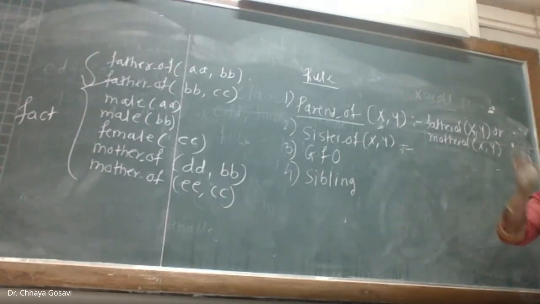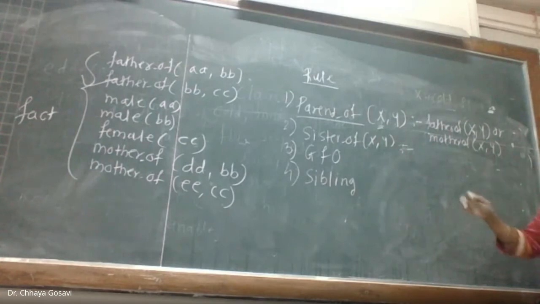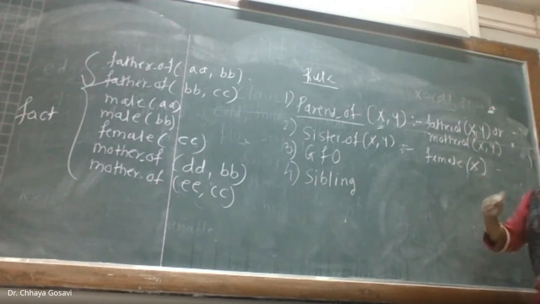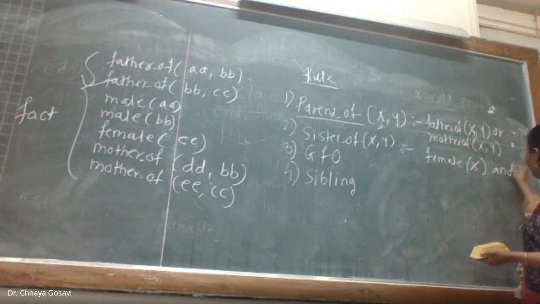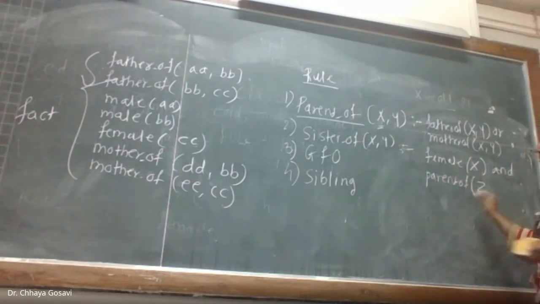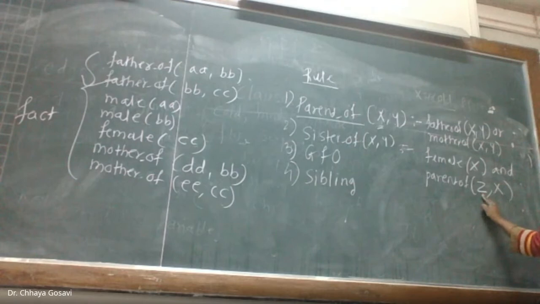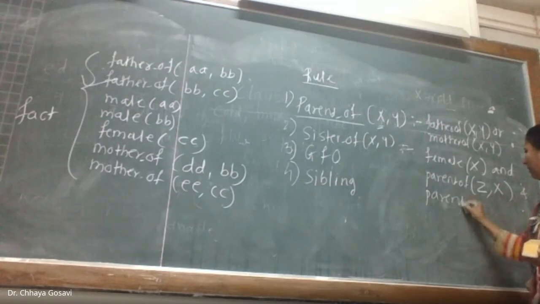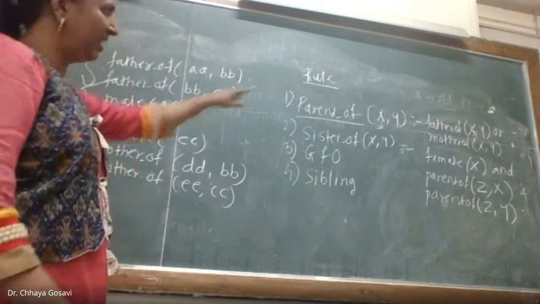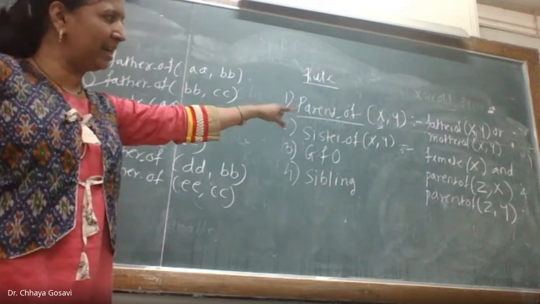So while writing the query, we should keep that in mind. So first important clause is X should be a female. Female X and parent of Z X. Z can be mother or father of X, and Z should be parent of Y. Is it clear? X should be a female first, and the parent of X and Y should be common.